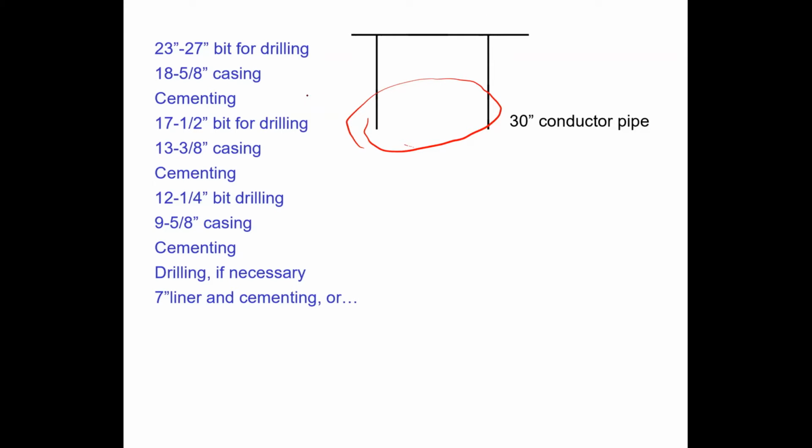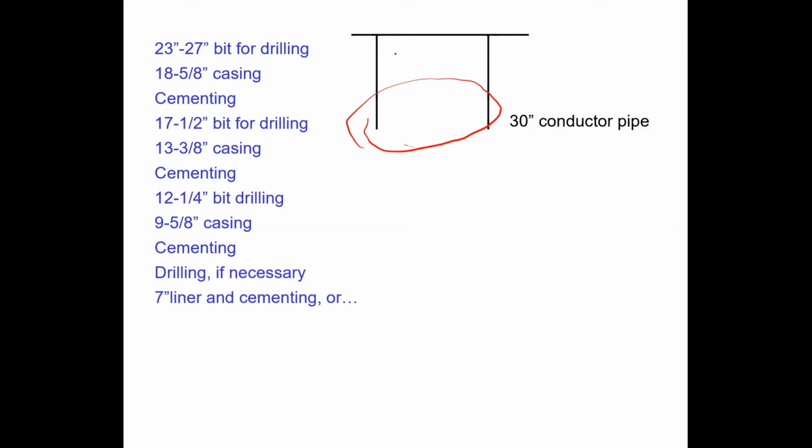Once the rig comes to the site, then first we use a large drill bit, 23-inch to 27-inch, and drill and go down. This will go inside this 30-inch pipe.